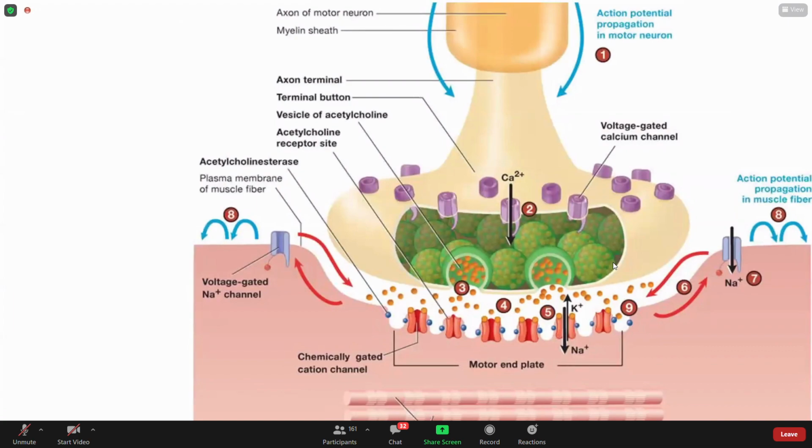Very good. And it would go to the synaptic cleft. And these neurotransmitters would bind to the receptors in the muscle cell. And then the ion flow would start. And after the acetylcholine finishes, the acetylcholinesterase would break it down and recycle it. Okay, very good. Excellent. What's your name?